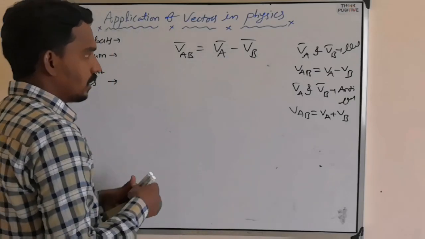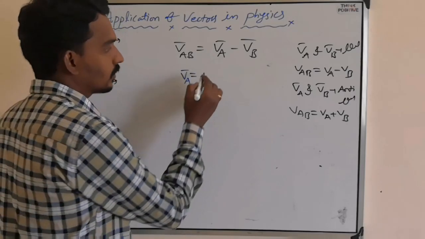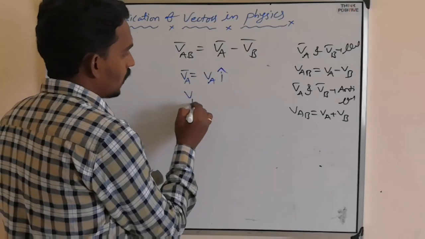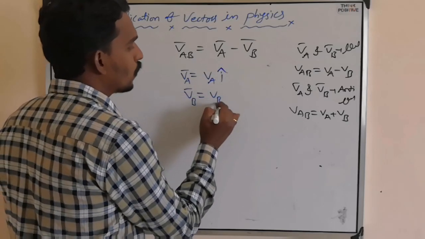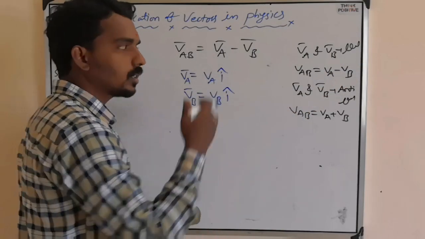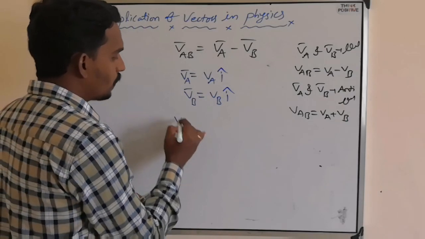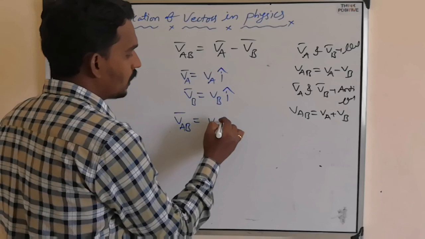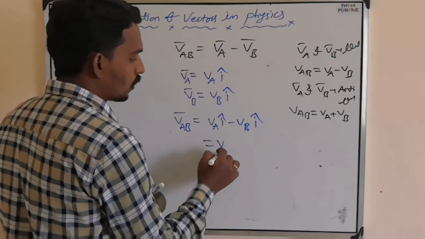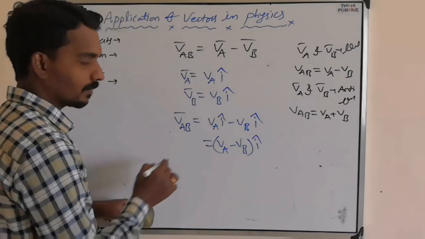Why? Because see, suppose VA bar is VA I cap and VB bar also VB I cap. First case, both are I cap means both are parallel, same direction. Then VAB bar equal to VA I cap minus VB I cap, so equal to VA minus VB I cap.